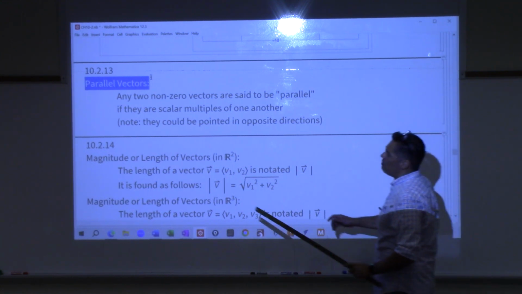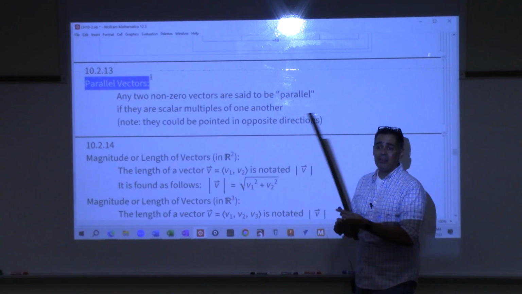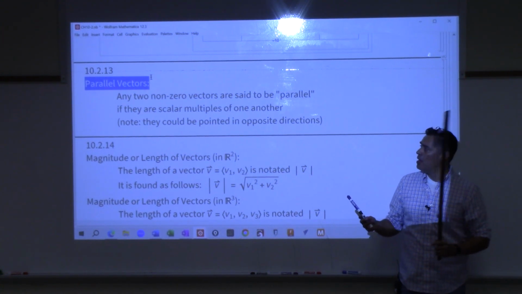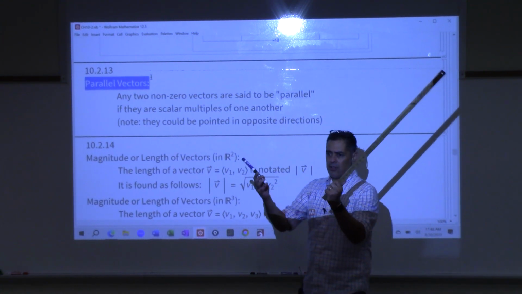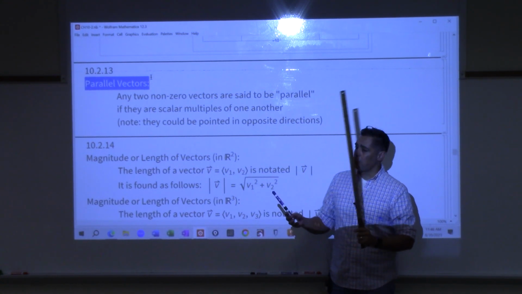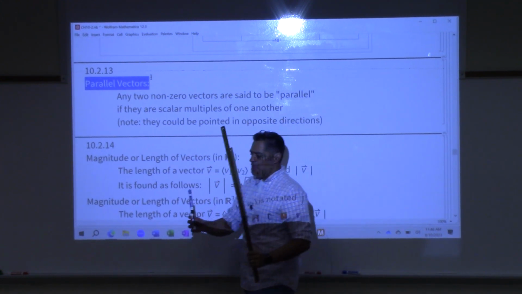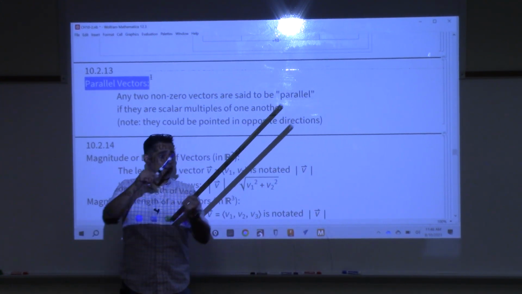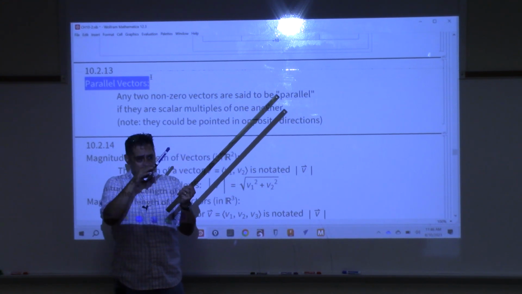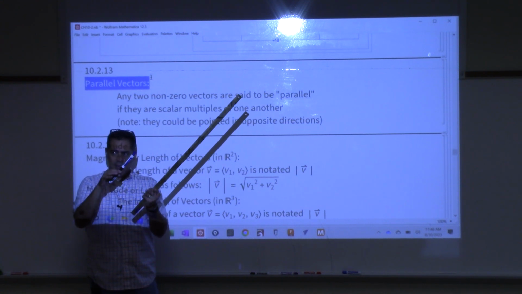Any two non-zero vectors, as long as they're not the 0 vectors, we will say are parallel if and only if what? We would think they're pointed in the same direction, that the arrows are pointed in the same direction. That's not what the definition says, though. What does the definition say?